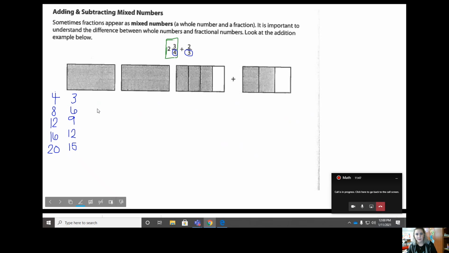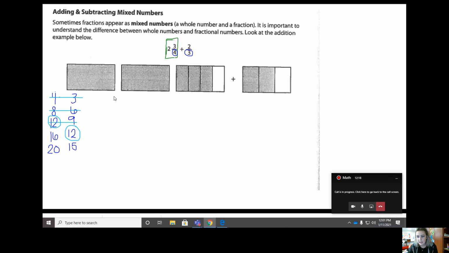To find our common multiple, 4 and 3, no, that's where our problem started. We don't need that. 8 and 6, no, not quite. 12 and 9, nope. 16 and 12, wait, oh my goodness. We just passed up that 12 and we have found our common denominator. So the common denominator of 4 and 3 is going to be 12.